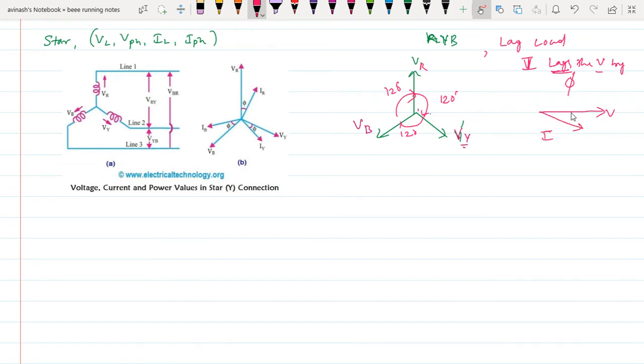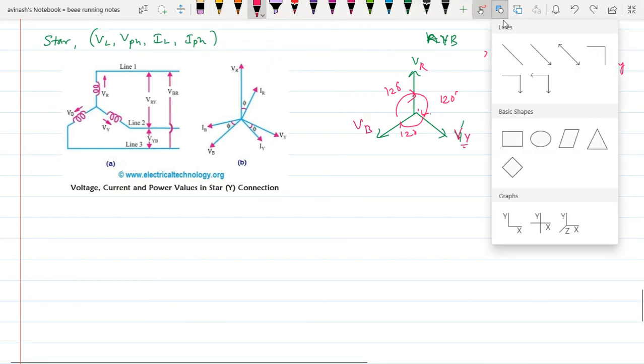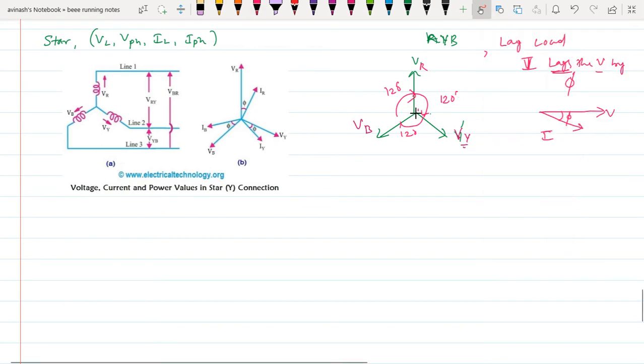Current always lags the voltage by an angle of phi. Current I is always lagging the voltage.